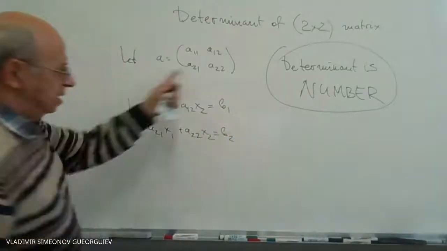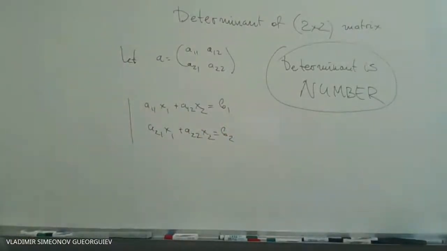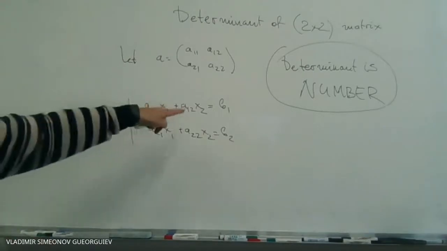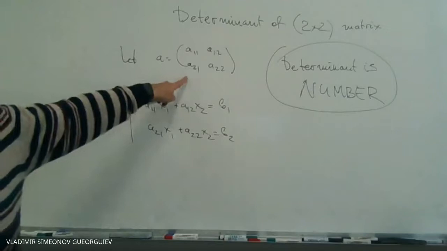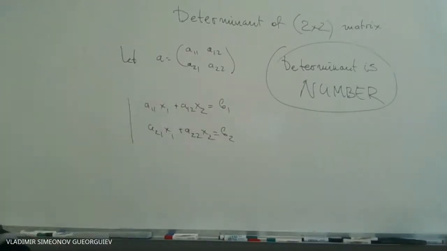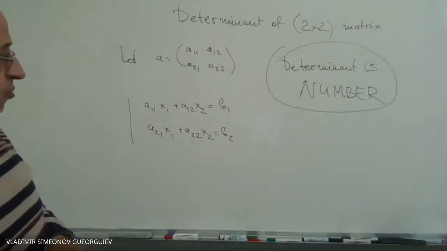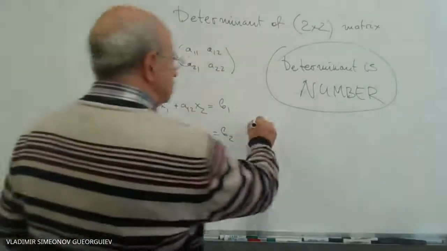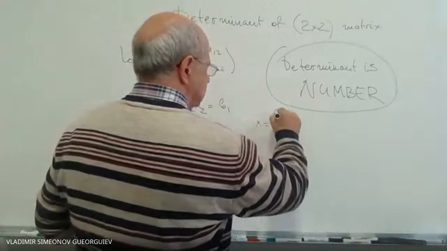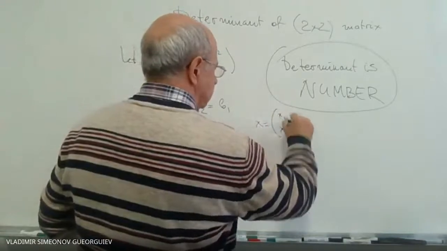You can see here we have a 2 by 2 system in which the coefficients A, or the matrix A, are given, vector B is given, and the unknown is the vector X, that is x1, x2.